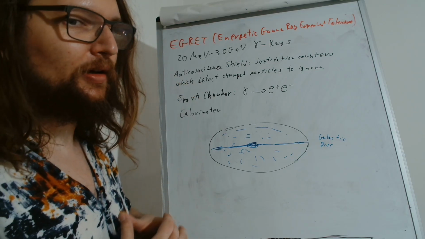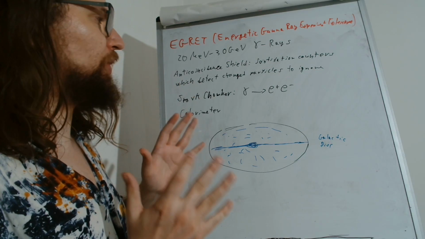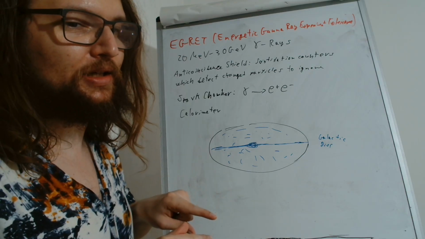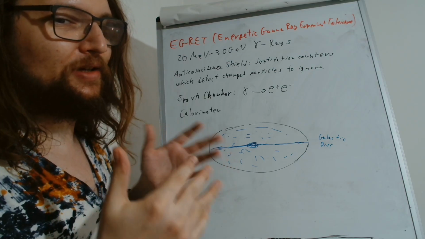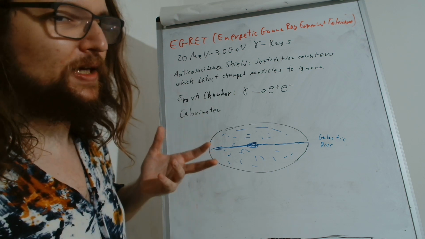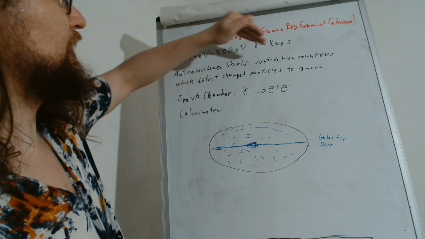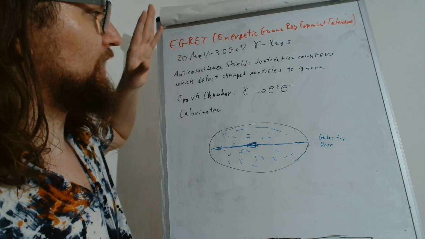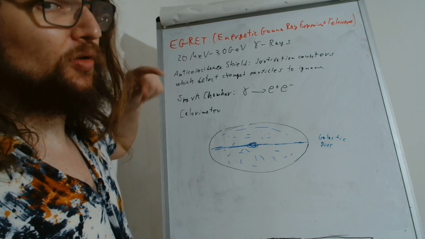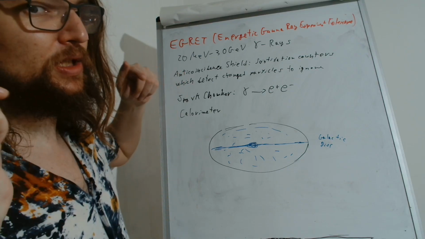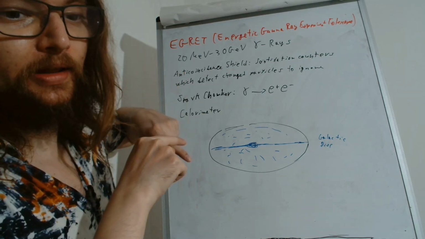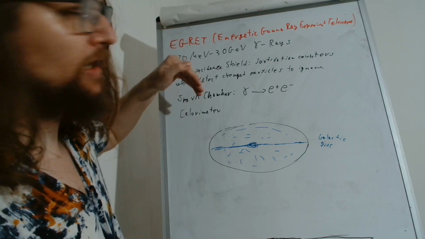Now you might ask, but what if these electrons and positrons do not come from a gamma ray, but were just electrons and positrons which enter the chamber? Well, for this reason, there is an anti-coincidence shield with scintillation counters which detect charged particles to ignore, because you do not want to measure charged particles which were already charged particles, only the charged particles from gamma ray conversion.